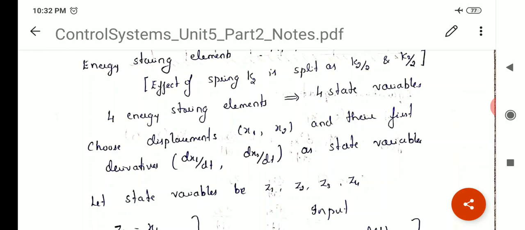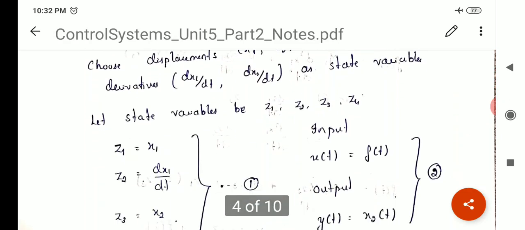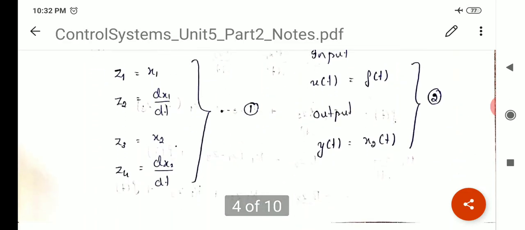So I name them as z1, z2, z3, z4. It is important what notation you have used for each of these, but the notation doesn't matter. You can take z1 equal to x1 and z2 equal to x2 and the differentiations as z3 and z4. That is also fine.